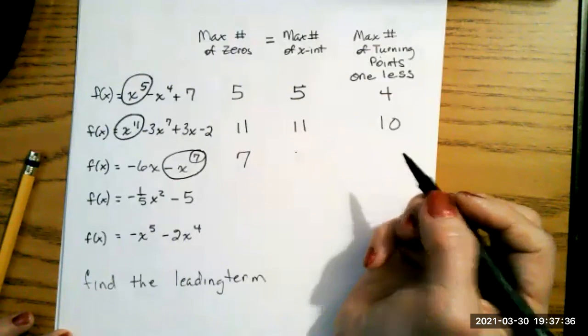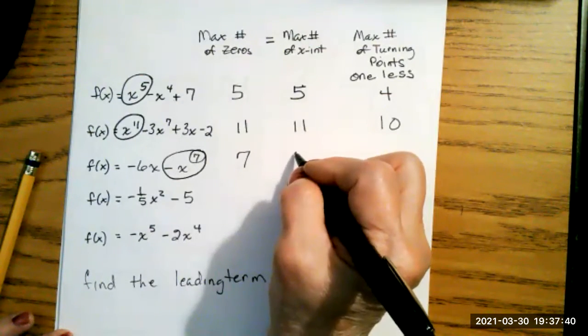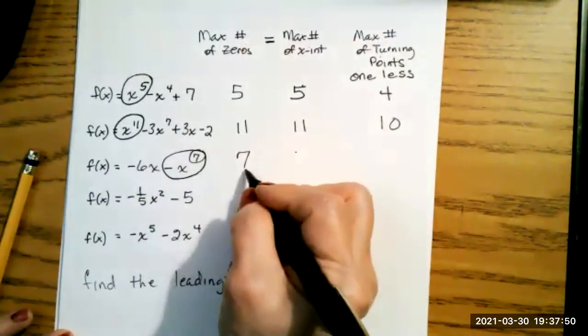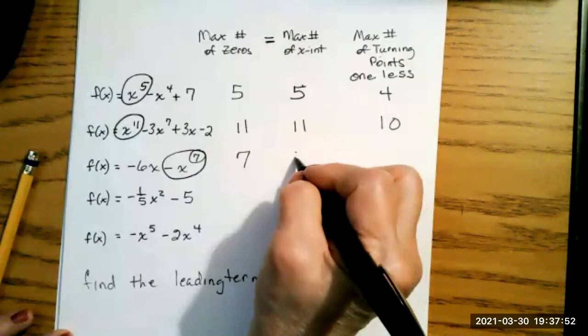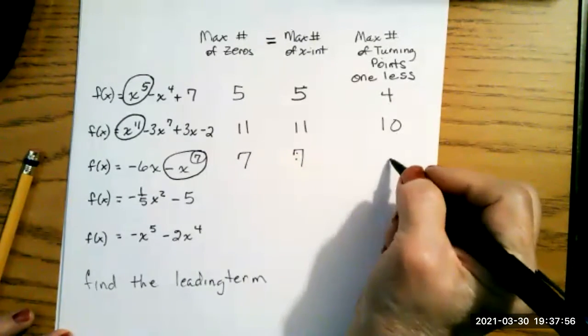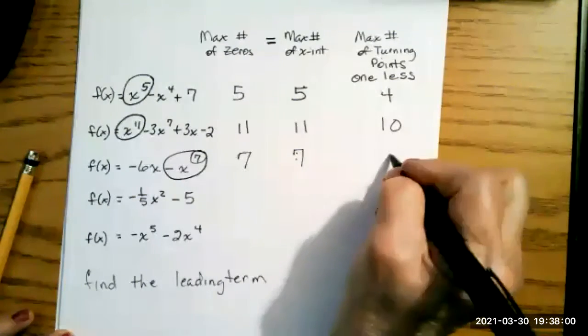To the 7th power, and the coefficient would be 1. The x-intercepts have to be equal, so it's going to be 7 as well. Now this one is the one that's different. What is it? It's going to be 6.